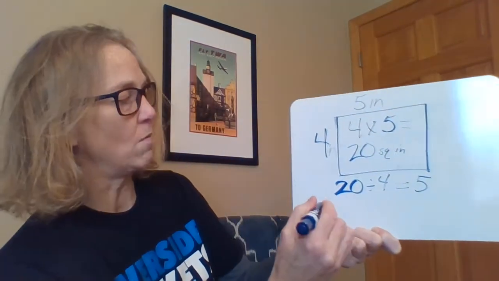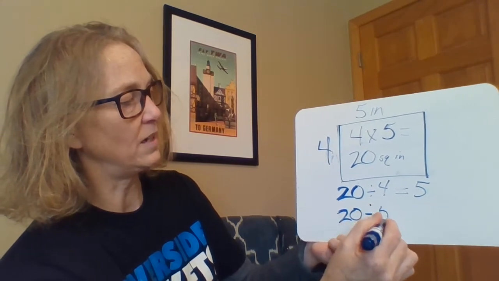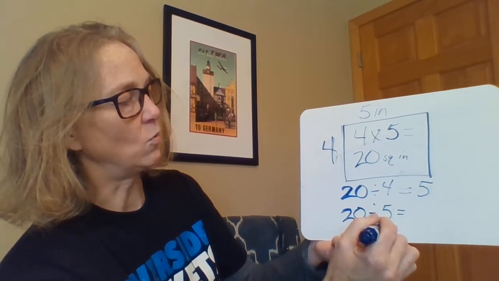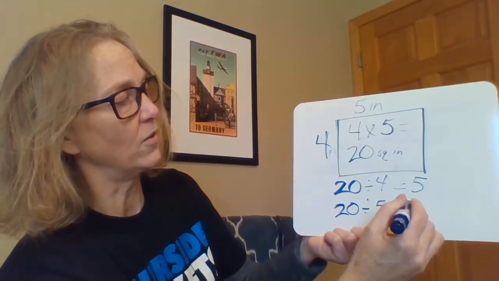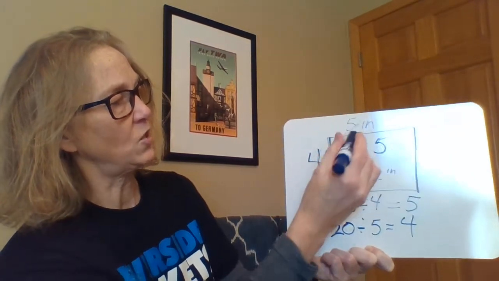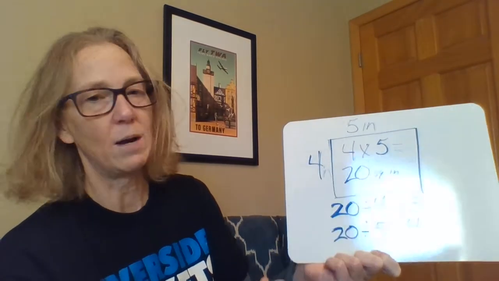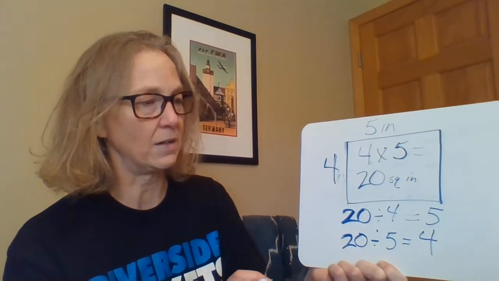And of course we could go about it the other way as well. 20 divided by 4, 20 divided by 5 rather, equals 4. So we could make our two multiplication problems and we could make our two division problems from our area model.